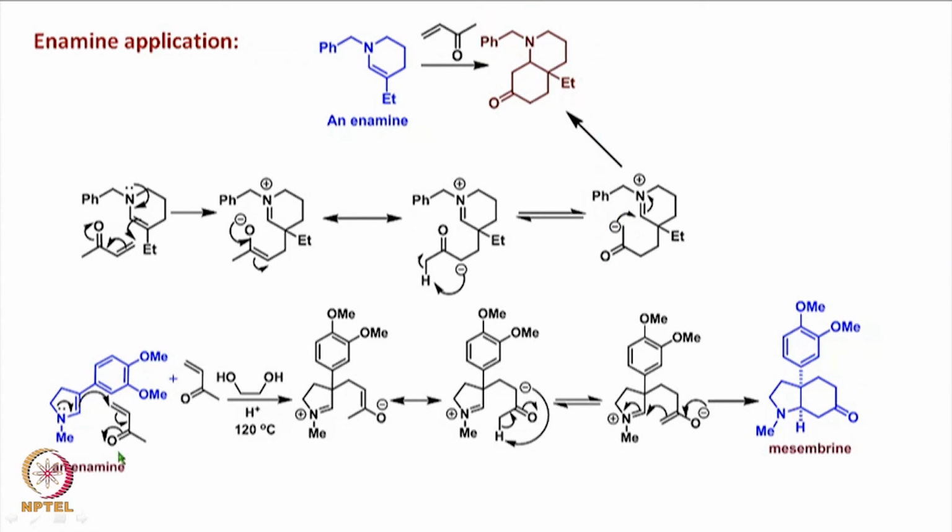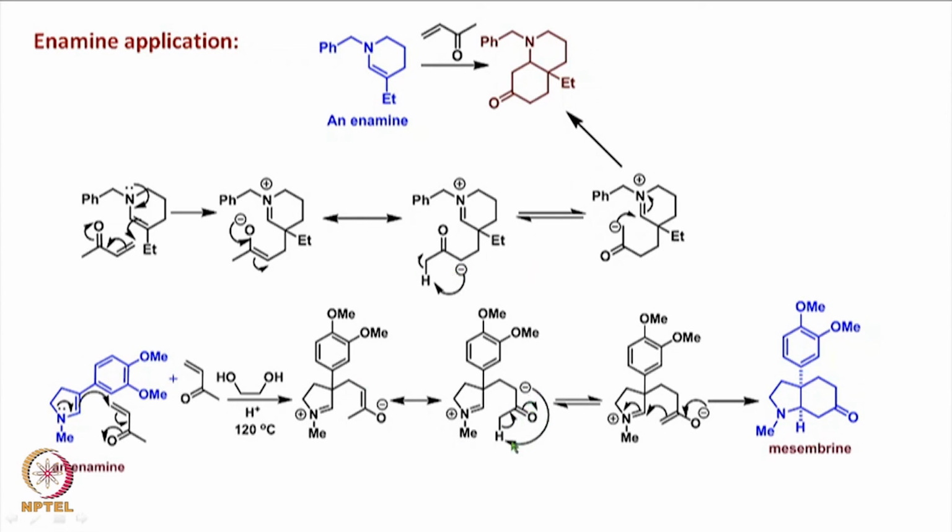In a similar fashion, if we take another enamine like this, then it reacts with methyl vinyl ketone in ethylene glycol under acidic conditions at 120 degrees. Again the Michael addition takes place to form this enolate. This enolate is in resonance with the corresponding carbanion like this, similar to what we observed here.